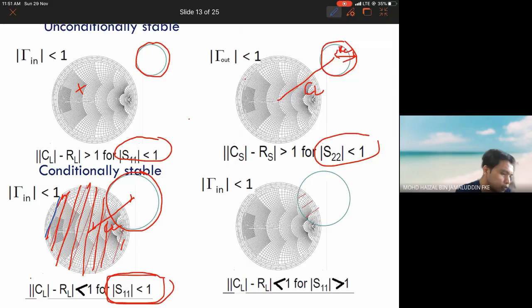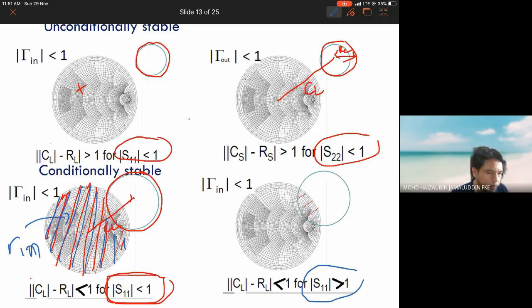The shaded area is where the amplifier will operate properly at that frequency, so you can choose any value of gamma in inside it. For the case of S11 more than 1, the stability region only appears in this region. If you choose here, it is not stable.